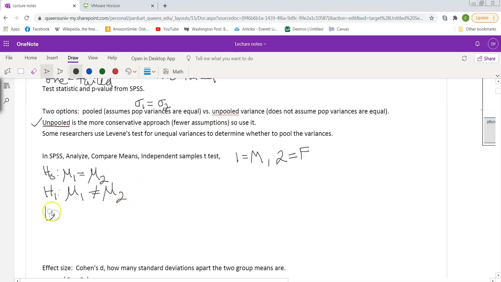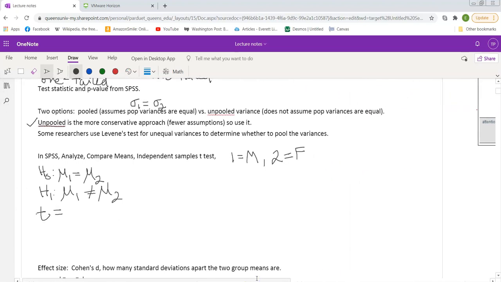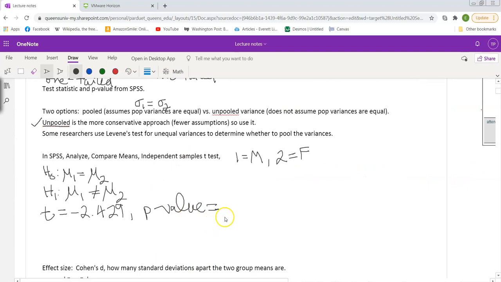And we get our t-test statistic as, what did we say that was? Negative 2.429. And a p-value of 0.02.